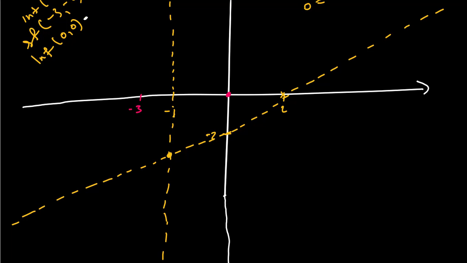In decimal form, -27/4 gives us -6.75. That's -27/4, which is about -6.75. So the point will be found somewhere inside here. So that will be our point.